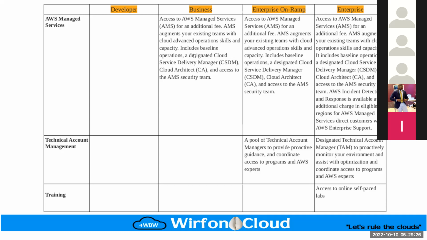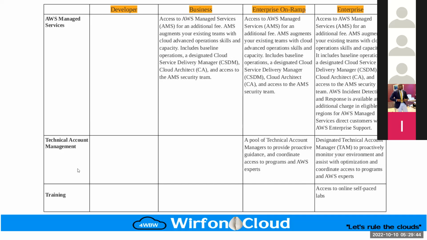And the enterprise also has designated technical account managers to proactively monitor your environment and assist with optimization and coordinate access to programs and AWS experts. Okay, thank you very much.